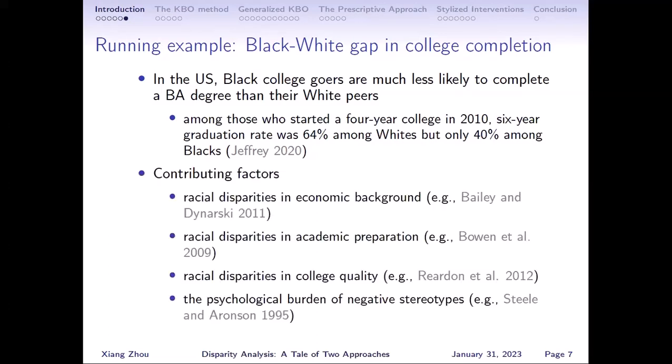And the higher education literature has identified a couple of contributing factors to the racial gap in college completion, including racial disparities in economic background, racial disparities in academic preparation, racial disparities in college quality, and also psychological consequences of negative stereotypes that African American students tend to face in academic life.